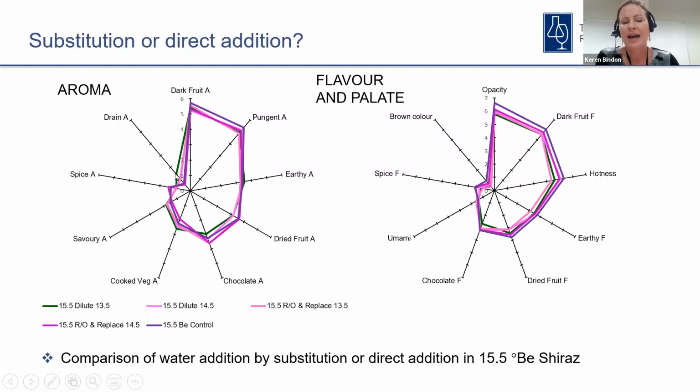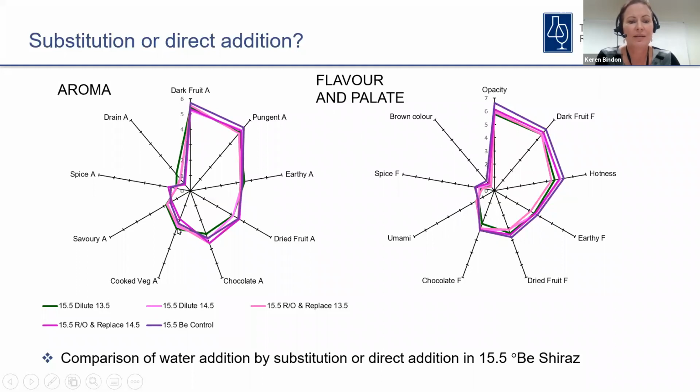We didn't, in fact, measure some of those low molecular weight sulfur compounds which cause these attributes, but it is possible that something was off with that higher level of water addition. We also saw increases in that cooked vegetable attribute, but that was for all of the different water additions.